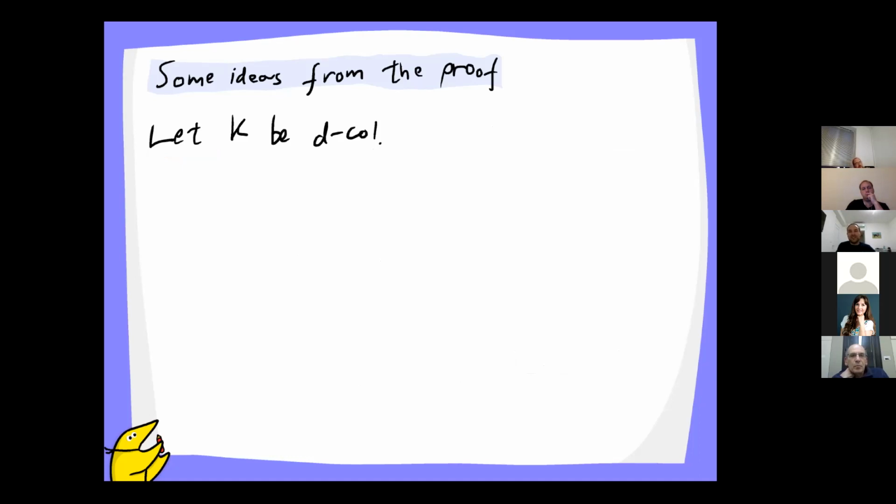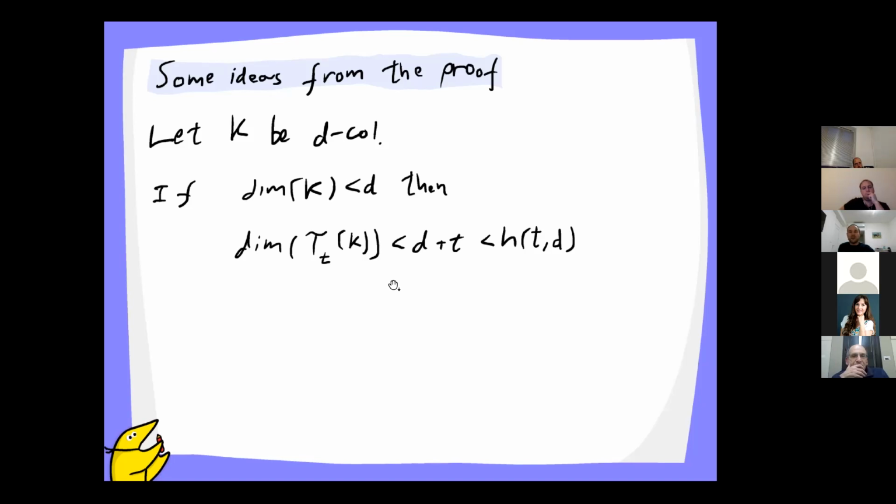So we can begin the proof now. We have K, a d-collapsible complex. We want to show that the t tolerance complex has bounded Leray number. By Tancer's theorem, we have two options. The first case is that the dimension of K is smaller than d.